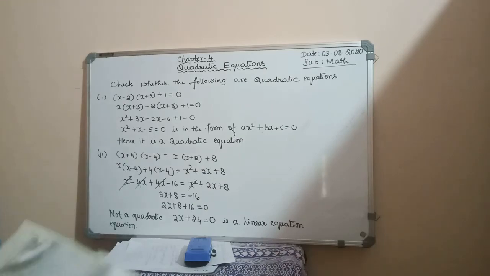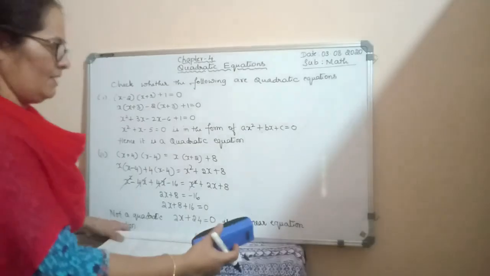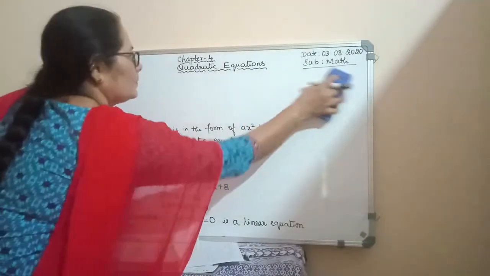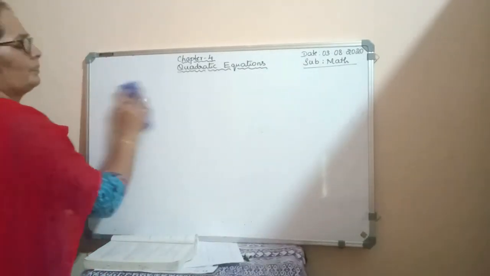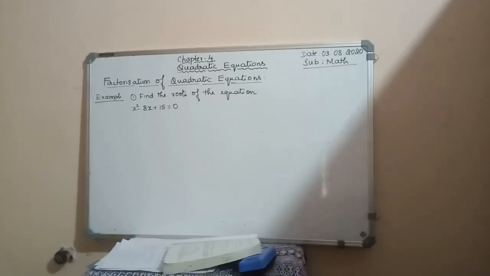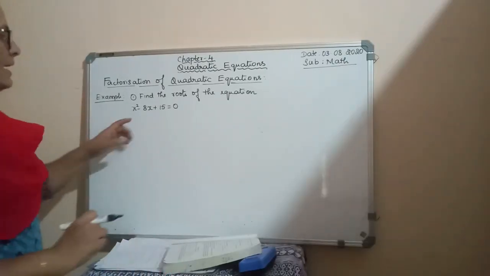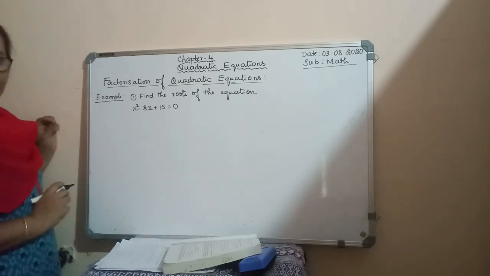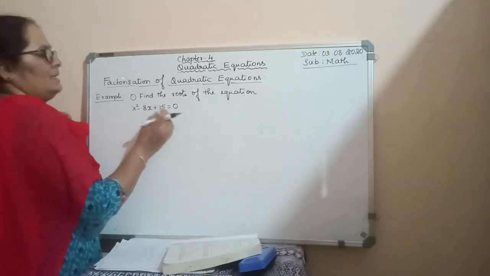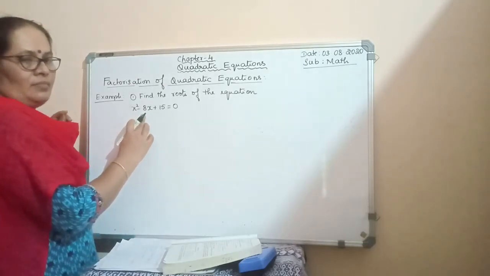Next is factorization of quadratic equations. Find the roots of the equation x square minus 8x plus 15 equals 0. You know that product is 15 here, sum is minus 8.